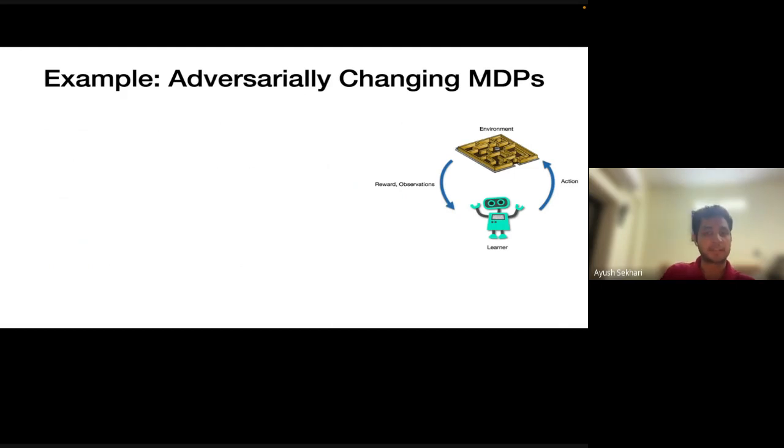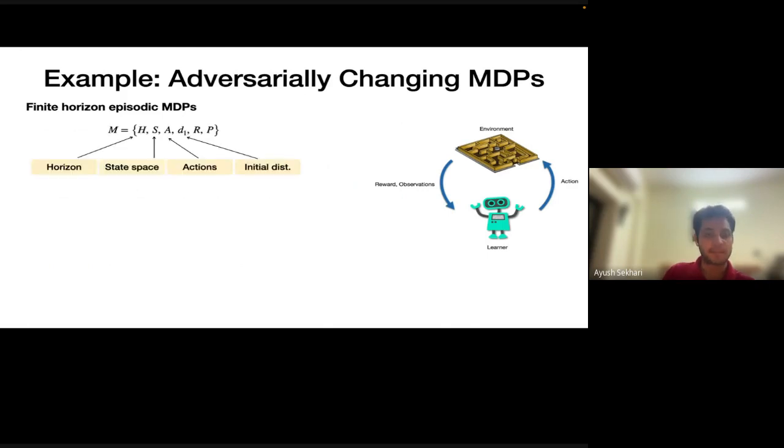In particular, we consider finite horizon episodic MDPs, where a model in this family is parameterized by 6 items, consisting of a horizon H, a state space S, an action space A, an initial distribution, a reward kernel R that maps states and actions to stochastic rewards, and a probability transition kernel P that maps states and actions to distributions over the next states.